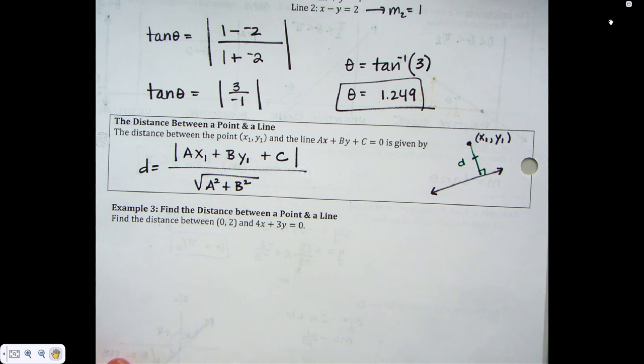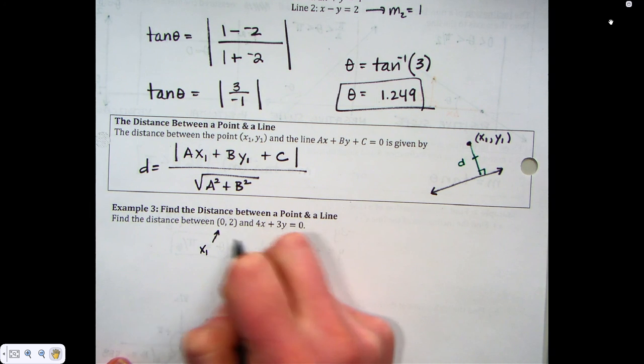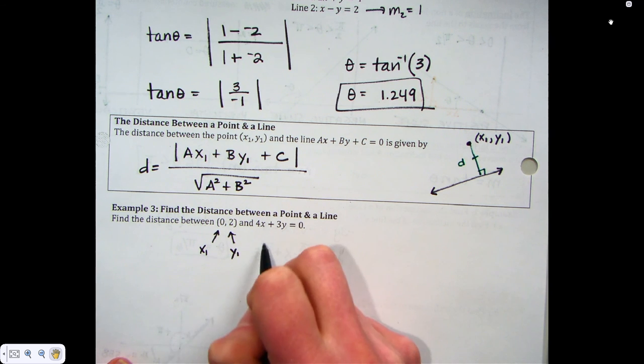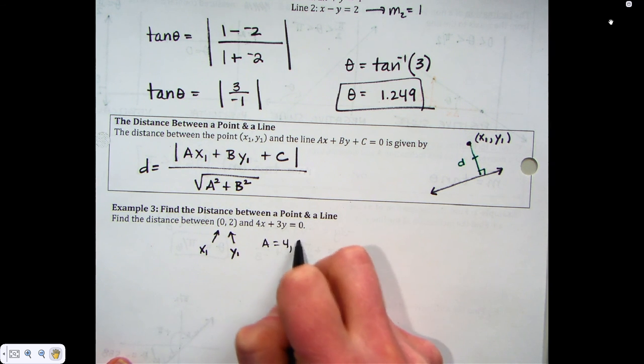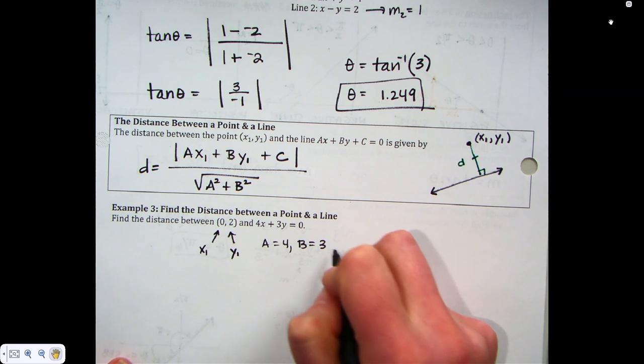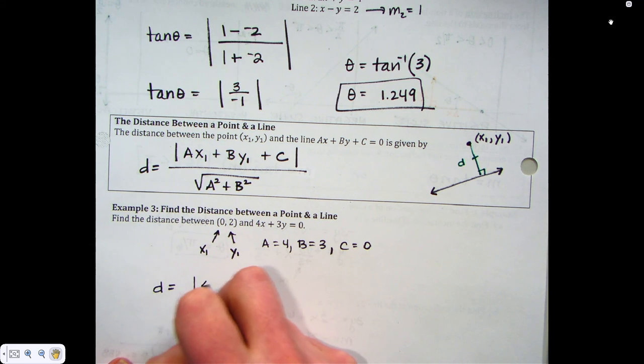So here's an example of just trying that out, right? 0, 2, that would be my x1, 0, y1 is my 2. In this particular formula, a is 4, b is 3. It's already written in that standard form. There is no plus c. That implies that c is 0. So the distance would be equal to, I'll take a times x1, so 4 times 0.